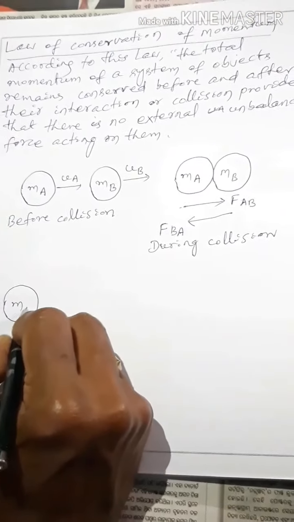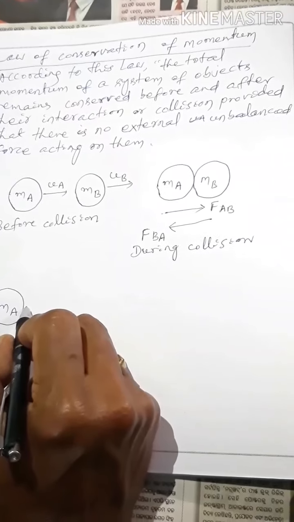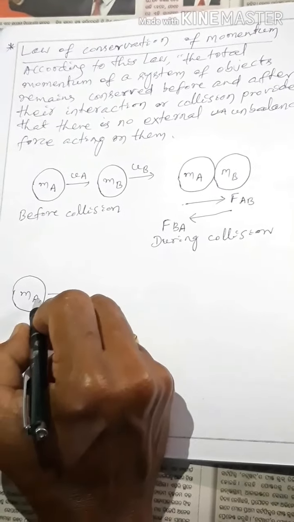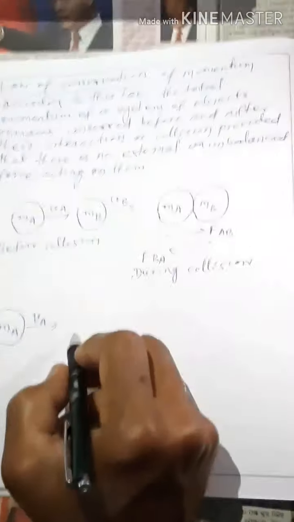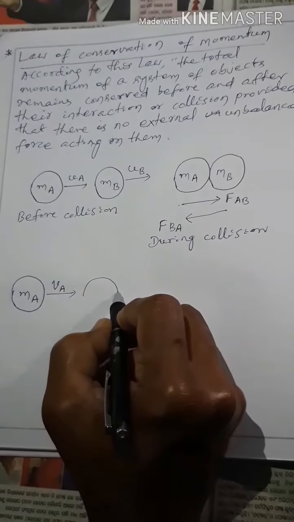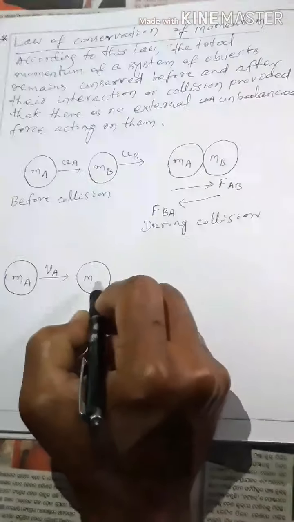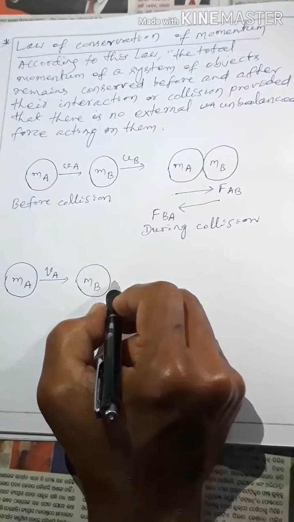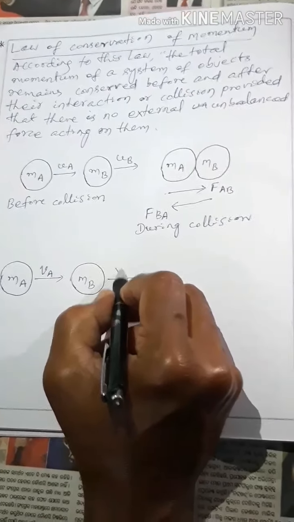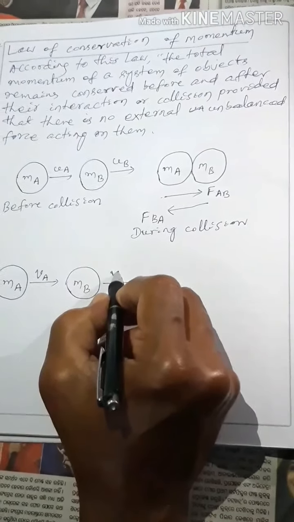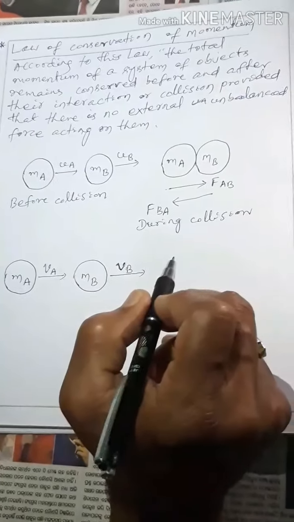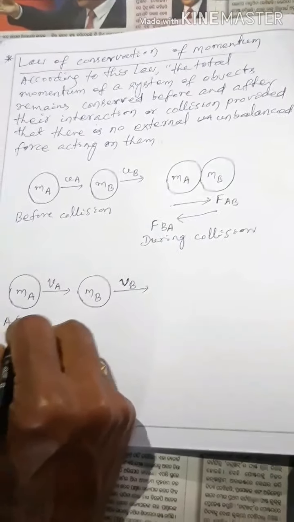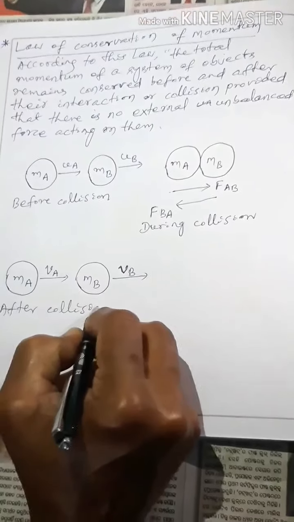Here the object of mass MA has final velocity VA, the final velocity of object A. Next, this is the mass of object B, MB, and its final velocity is VB. Clear? This is after collision.